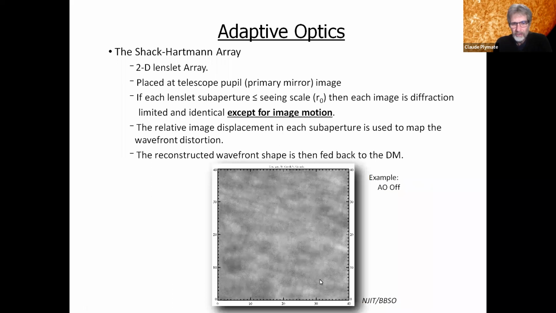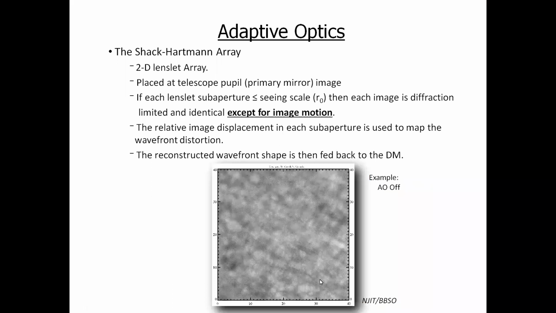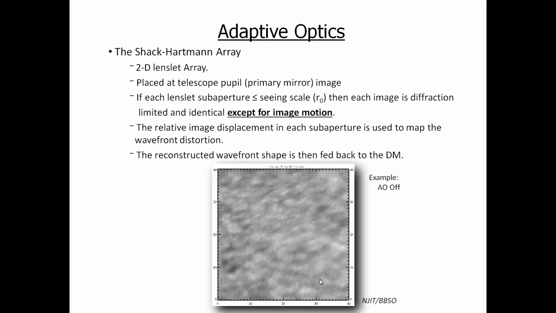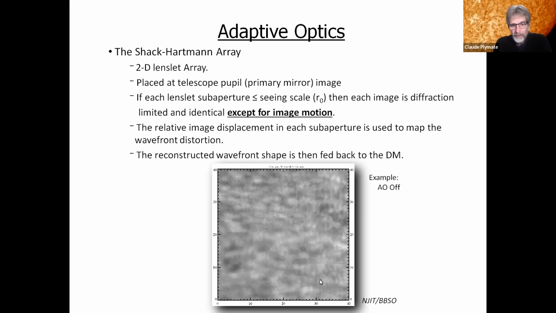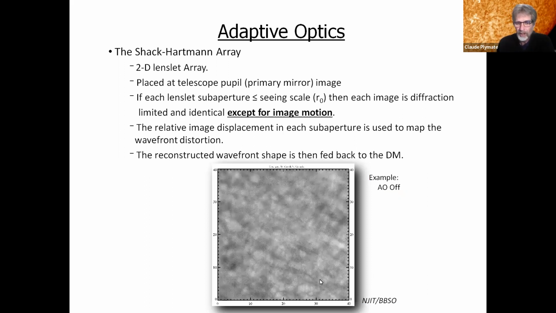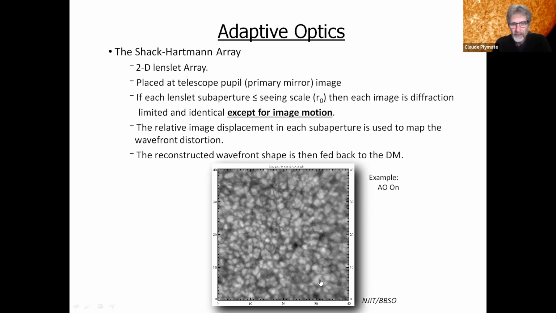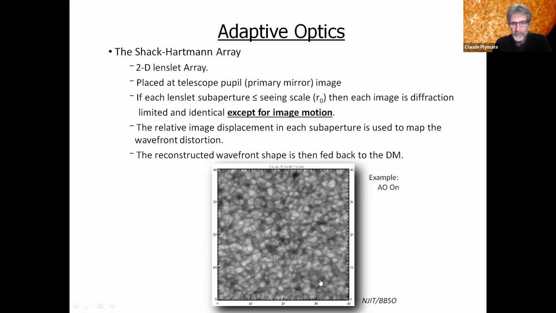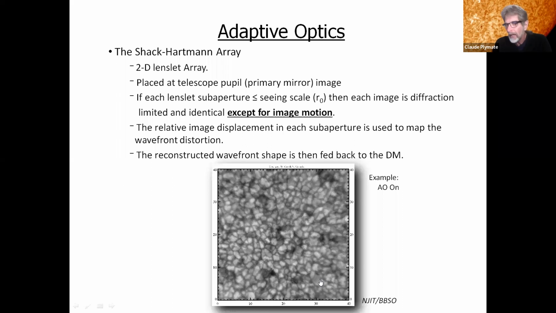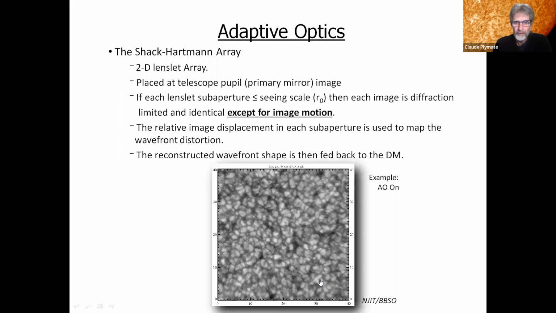So how well does adaptive optics work? Well, pretty well. Here is a typical, rather poor seeing day at Big Bear with natural seeing, adaptive optics turned off. If you turn on adaptive optics, and I hope this video is coming across fairly smoothly, you can see the dramatic improvement possible.